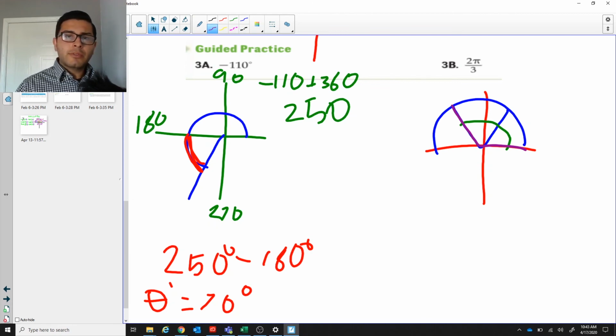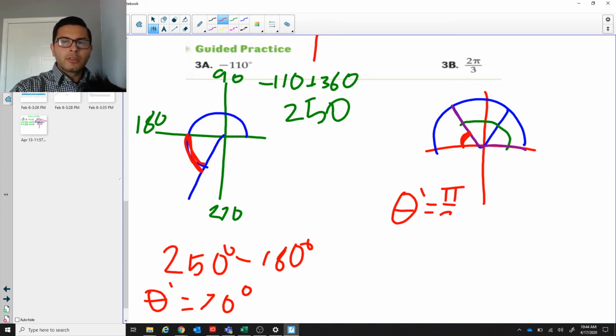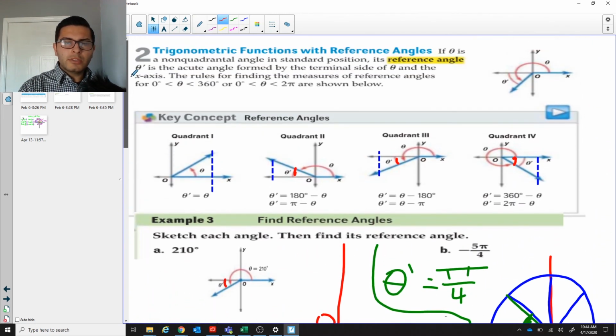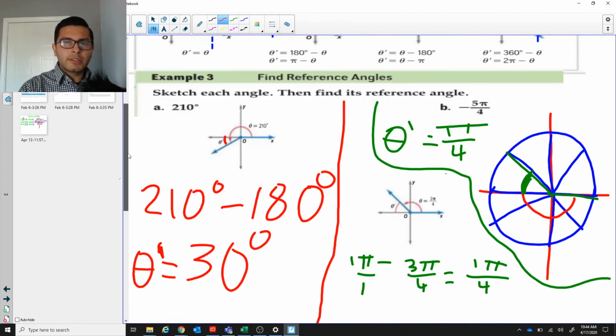What is going to be my reference angle? Well, that's going to be whatever is between the terminal side and the x-axis right over there. We already know the size of that slice. That's going to be pi over 3. So we know that our reference angle is going to equal pi over 3. But even if we didn't know that, we still know that this is going to be in quadrant 2, which we can look back up over here and say, okay, quadrant 2 is just going to be pi minus our theta.